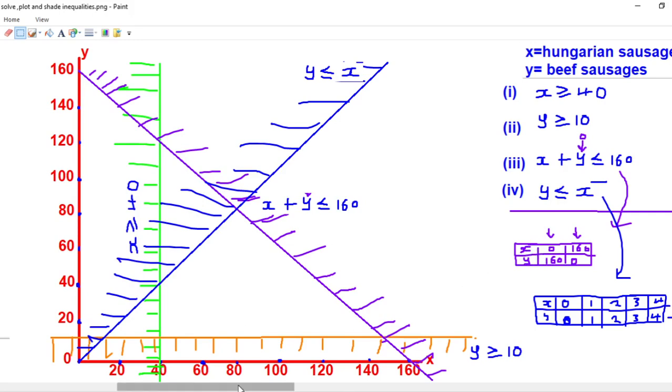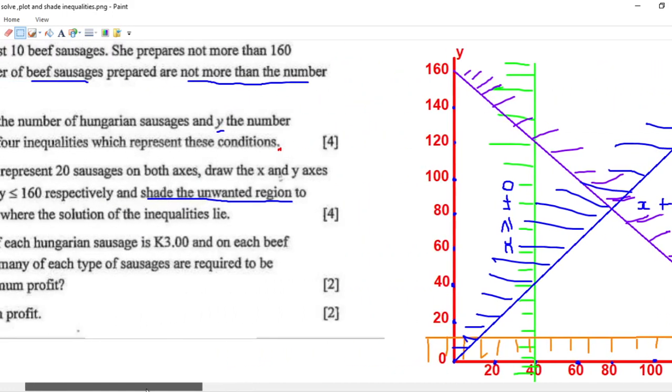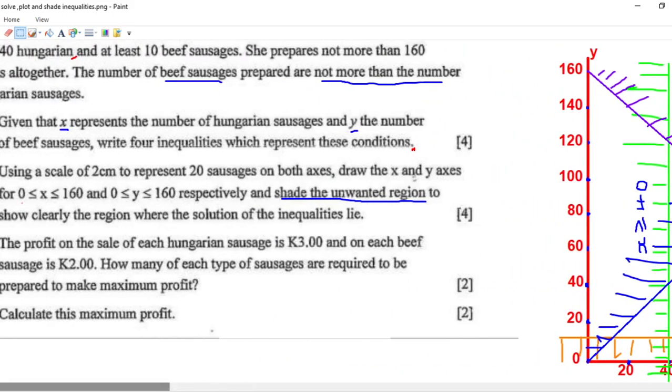Now let's look at the question that follows. Since we have shaded, now look at this. We are told the profit on the sale of each Hungarian sausage is 3 kwacha.